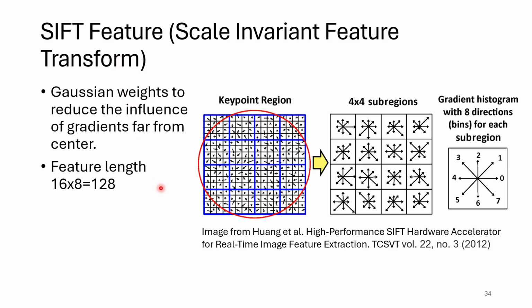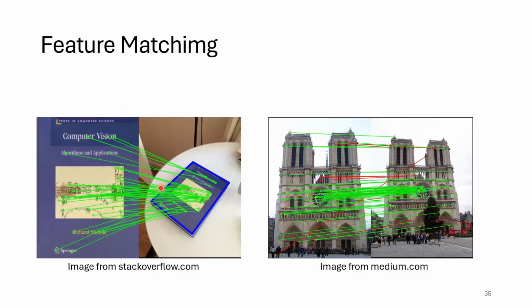Okay, once they get the features, they can be used to match similar features in the target image. So for example, what is this book? This is the first edition of our textbook. You can see the author is still Richard Szeliski, and the title is Computer Vision: Algorithms and Applications. Okay, so suppose we have a pair of images.